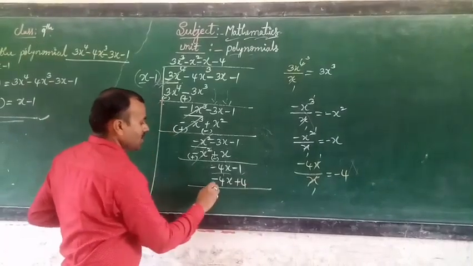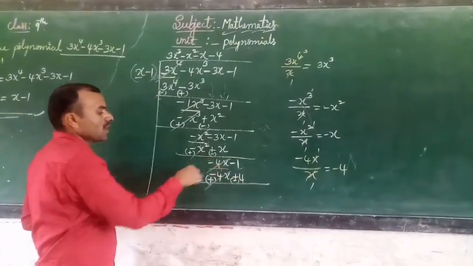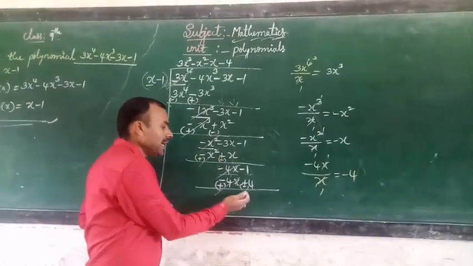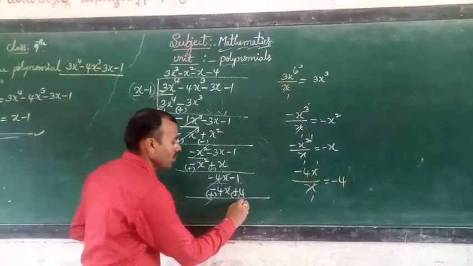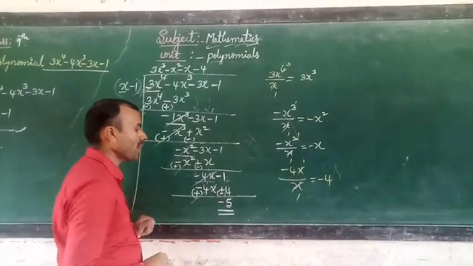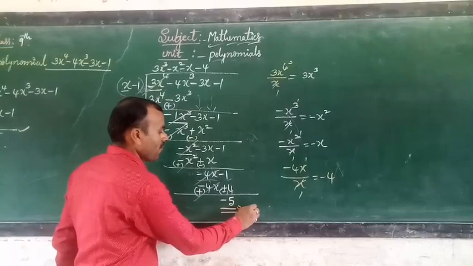Next, changing the sign, plus minus plus, 4x minus 4x get cancelled. -4 minus 1, like sign terms should be added. So it is adding -1 and -4. It becomes -5. So it is r of x.